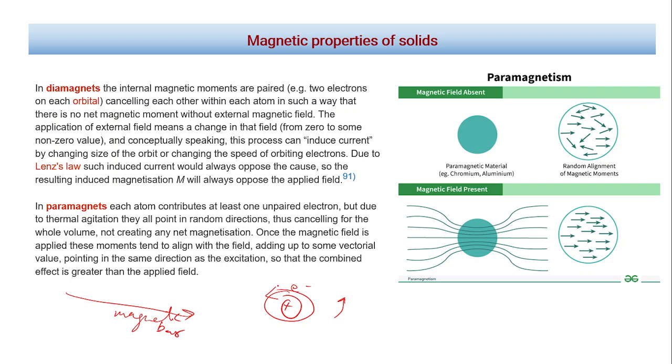The same way, if we consider this a current carrying loop with a magnetic field, and then apply a magnetic field, it is like keeping a material. I'm talking about an atom here, but a material has a lot of atoms and they will respond. Here we are just taking one particular atom.